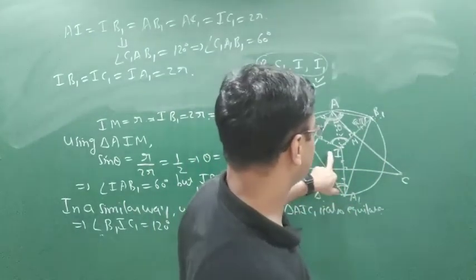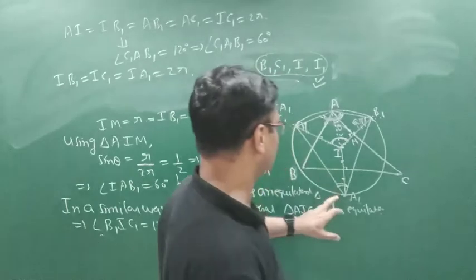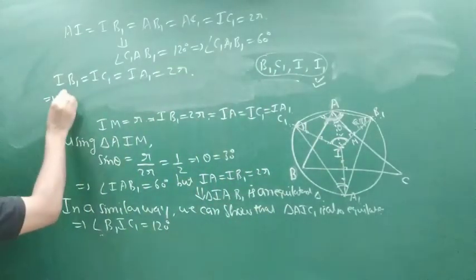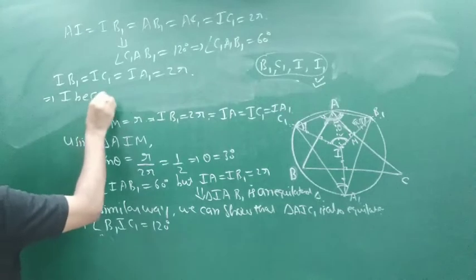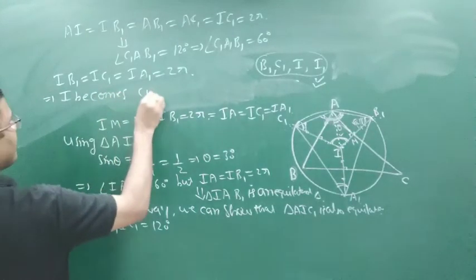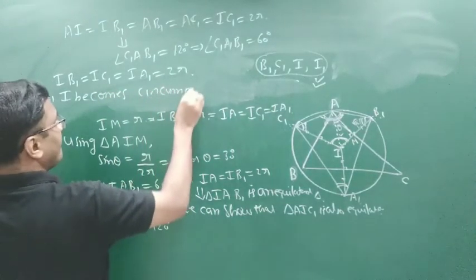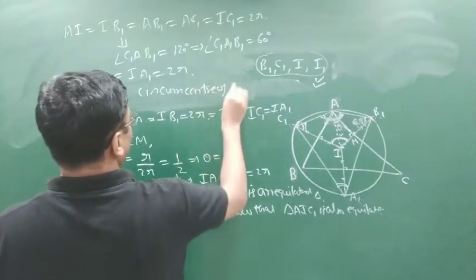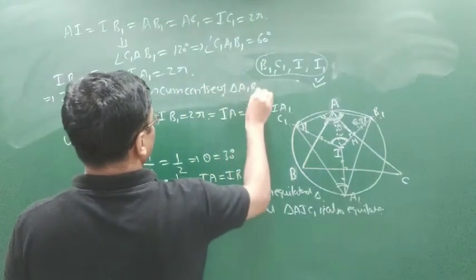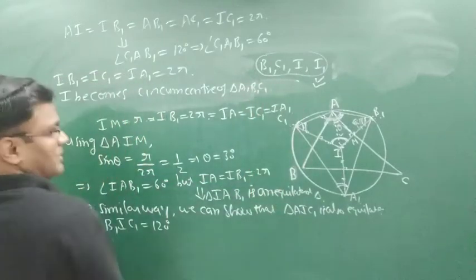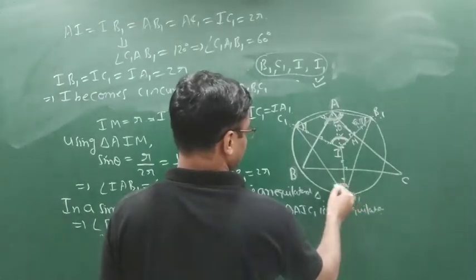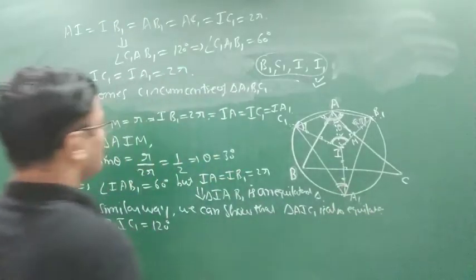Therefore, we can also say that I becomes the circumcenter of triangle A1B1C1. Okay, from here we can also say that if this angle is 120, then this angle is 60 degrees. Okay, no problem.